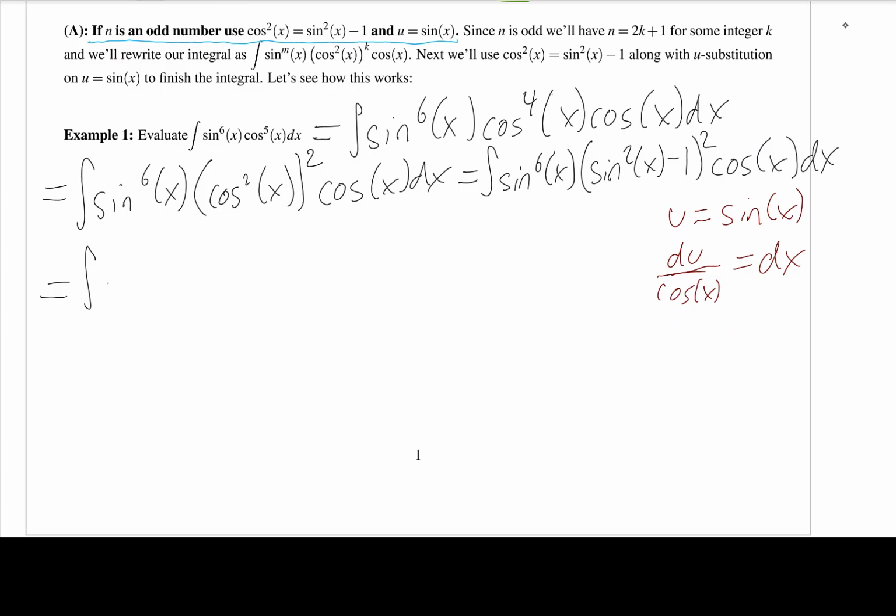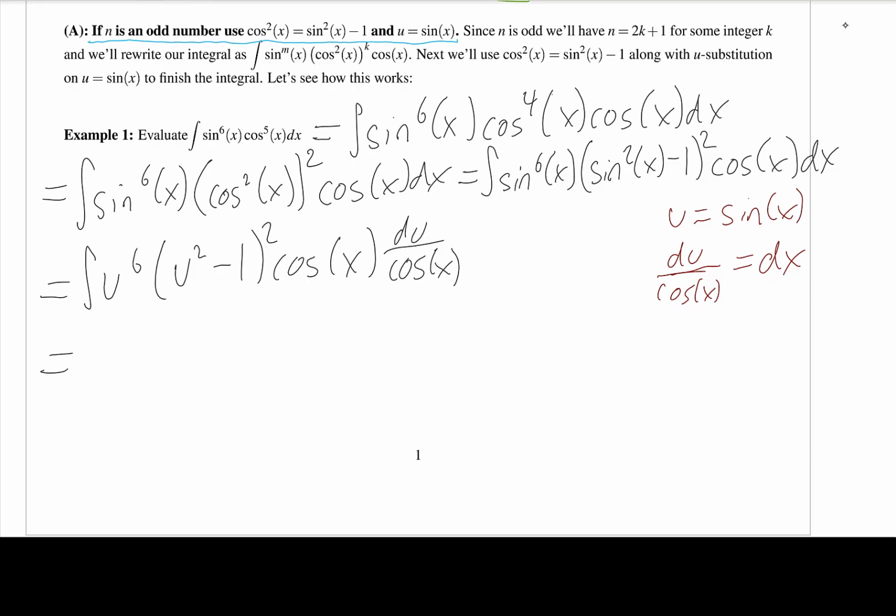So we get sine to the sixth of x. Well, u was sine of x, so I'm going to rewrite this as u to the sixth. Then I had sine squared of x, so it's going to be u squared minus 1, squared. And then we should have cosine x dx, but dx is equal to du over cosine x. And so now we can see where these cosine x's will cancel out when multiplied together.